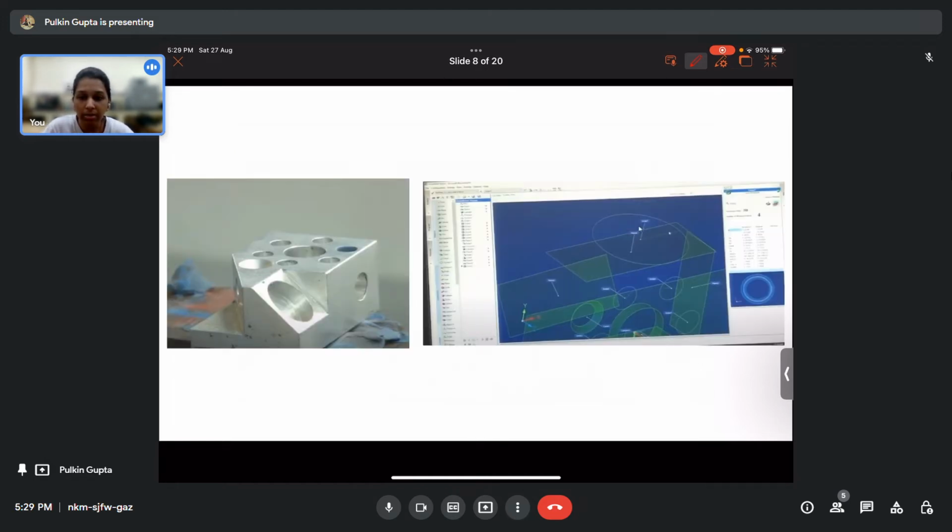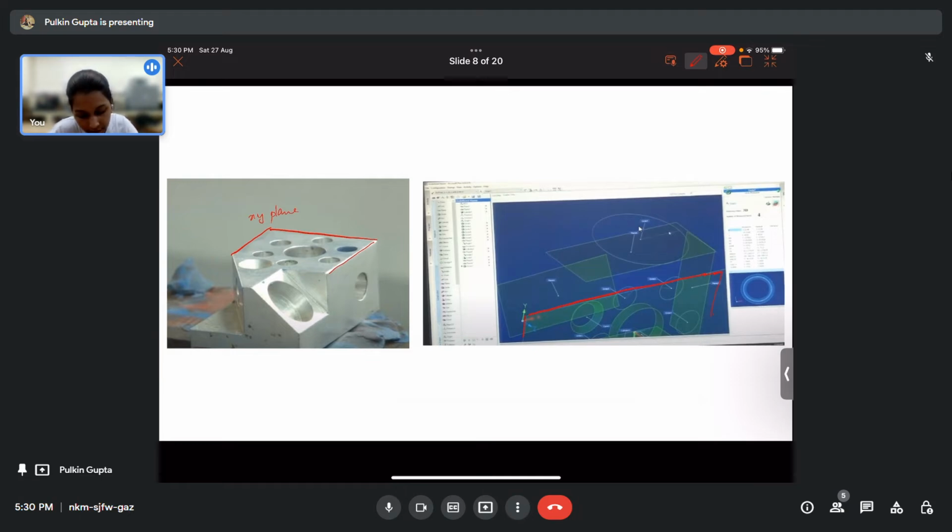So one of the examples that was shown, this was the geometry that was used for measuring the coordinates, and this was the software which was demonstrated. So here, first this particular top plane, which is the XY plane, was measured by probing certain points, 3 to 4 points, which generated this plane in the software, this one, which can be seen.